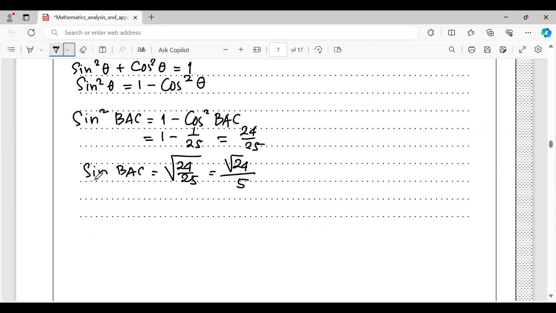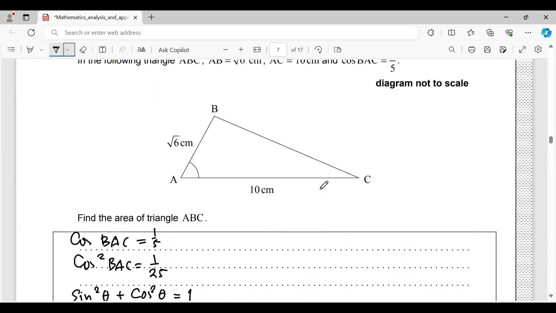So that we're going to find area ABC. Area of ABC is half times AB times AC times sine of the angle. AB is this one, and AC is this one, and this is the angle.